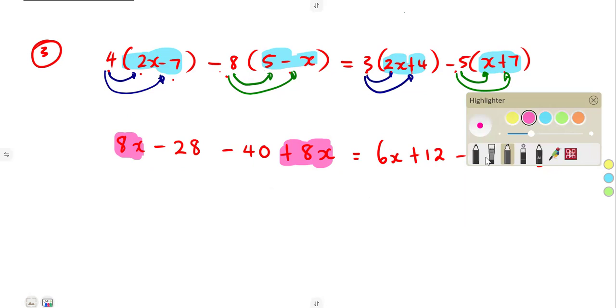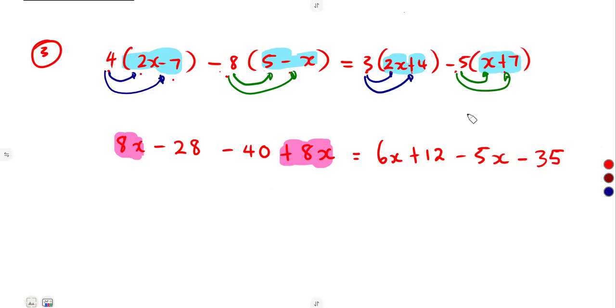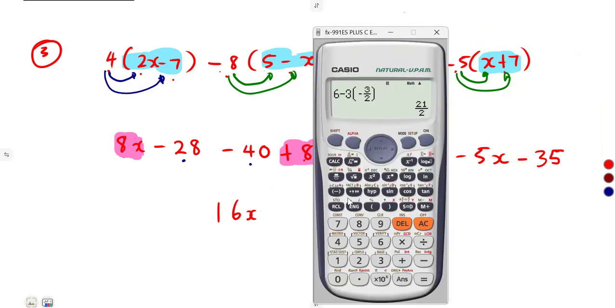So you can add 8 plus 8. That is going to give us 16. So this is 16x here. Minus 28 minus 40, that was going to give us minus 68.